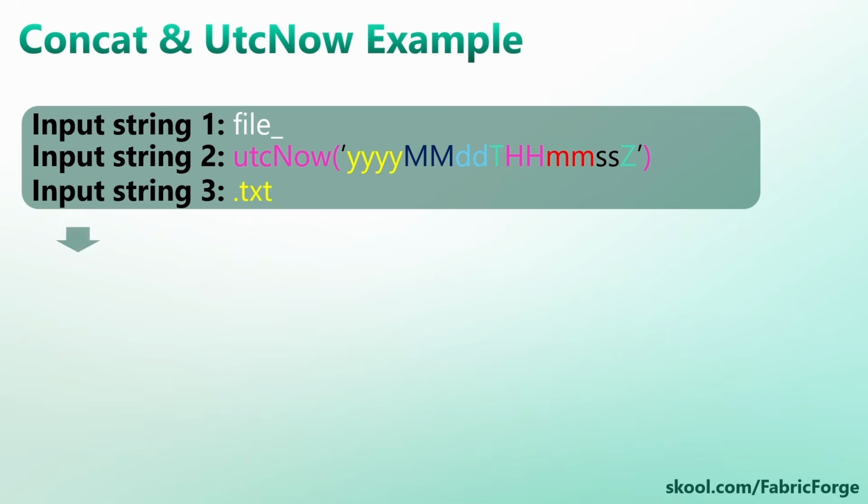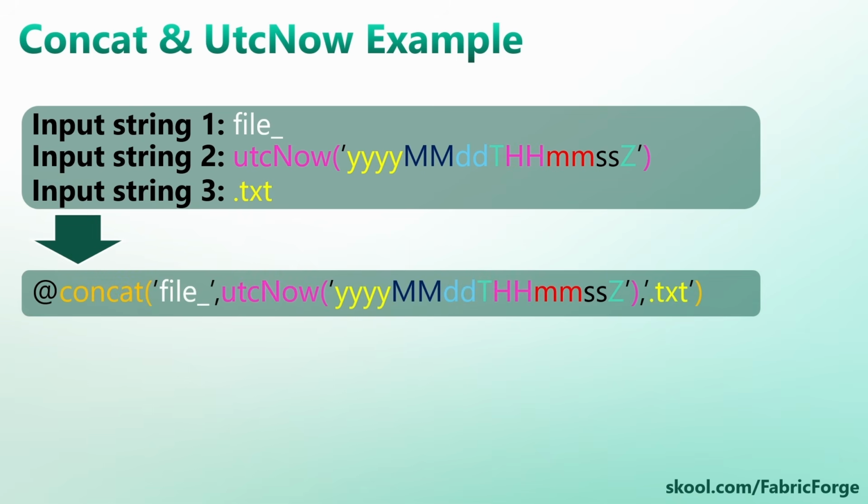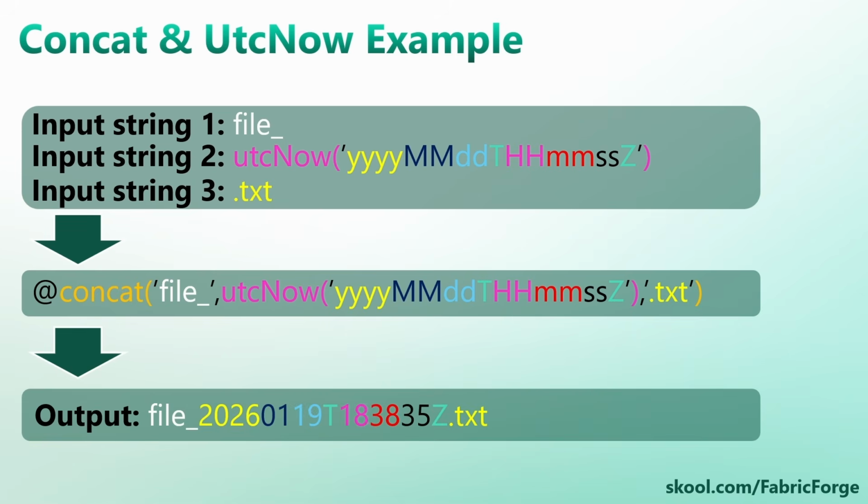Here we can see how we would be able to create the expression using these 2 functions together. Also, if it is not obvious, the execution order for these nested functions is always from the inside out, meaning that when the function runs, the UTC-now resolves first, and then the output of that function is used as the second input parameter for our concat function. Here we can see how the return value or the output looks when we run this expression.